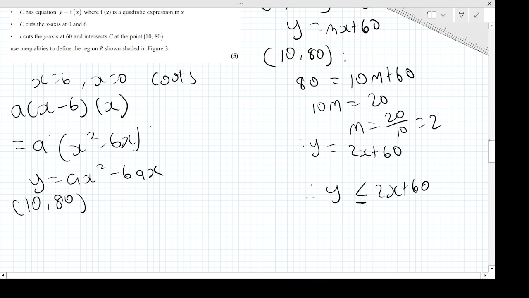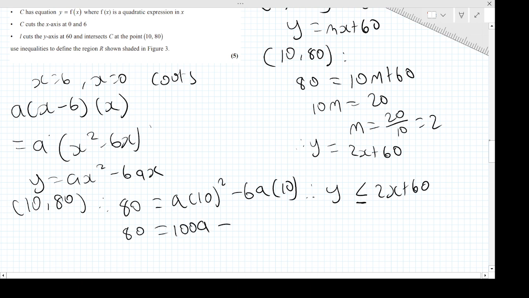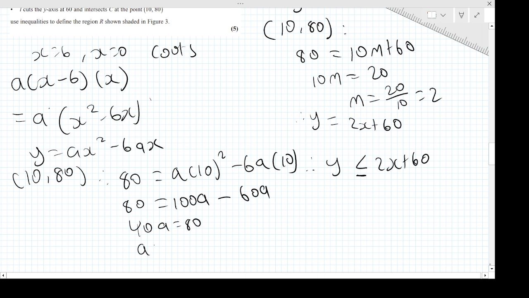So if I substitute x is 10 and y is 80, 80 would be a lots of 10 squared, minus 6a lots of 10. If I then expand it, I get 80 is 100a minus 60a. Then I get 40a equals 80. Then a is 80 over 40, which would be 2.